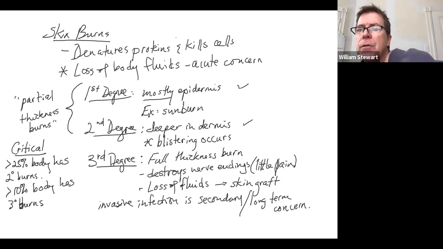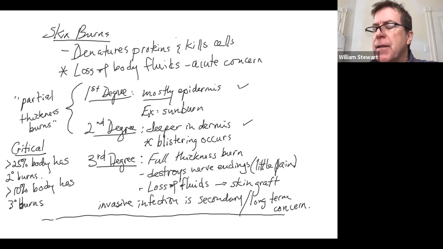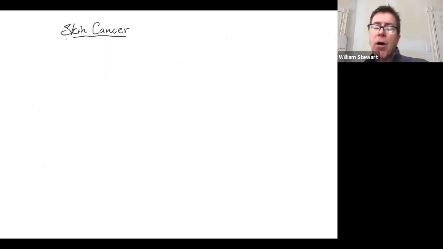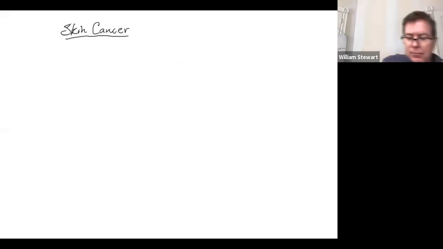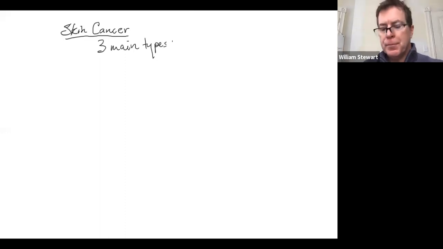All right, I'm going to now briefly just identify the three major types of skin cancer. The number one risk factor for skin cancer is overexposure to UV light. And there are three main types of skin cancer. I'll just number them 1, 2, 3.